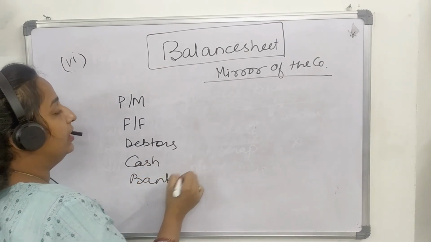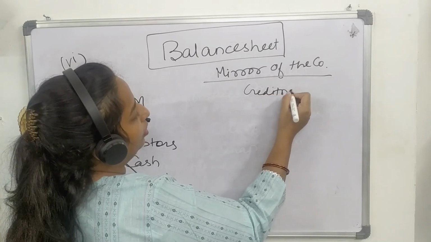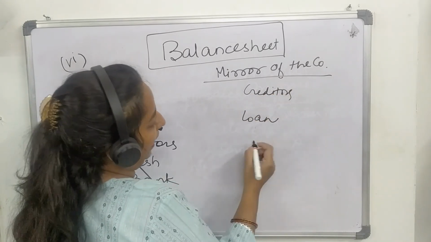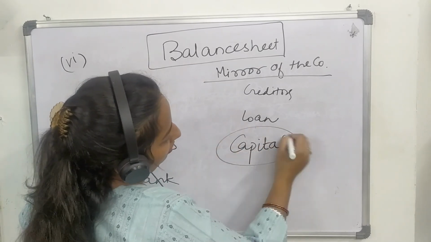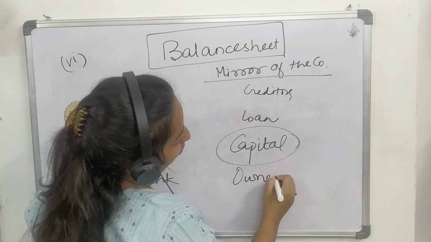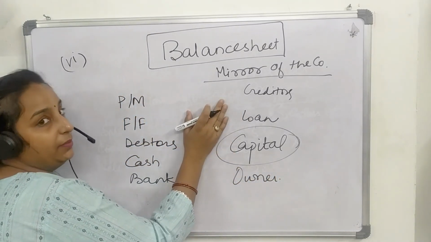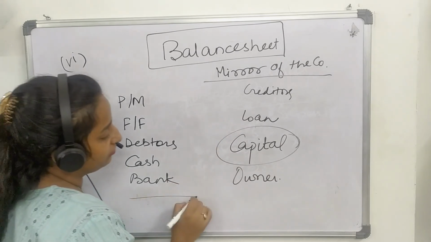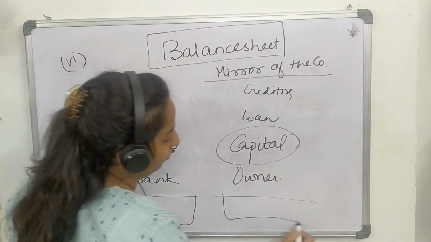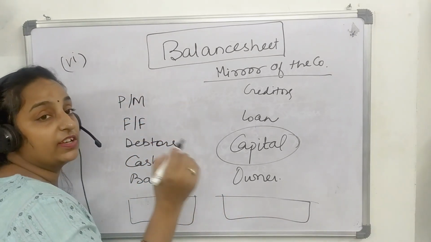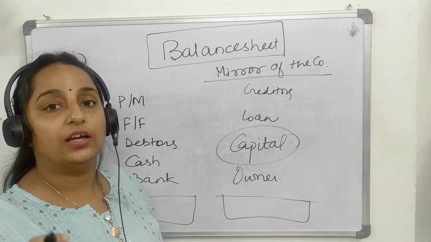And similarly, liabilities will have creditors, loans, and here is the term capital, that is for the owner. Means the owner has invested something into the business, it will be the liability of the business. This is what a balance sheet is, and the balance of both sides must always match, only then can you say that the balance sheet is correctly made.